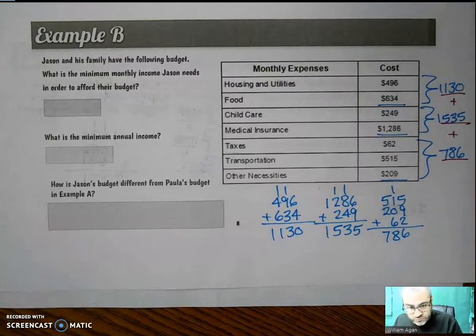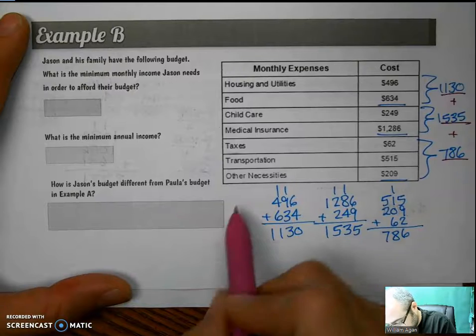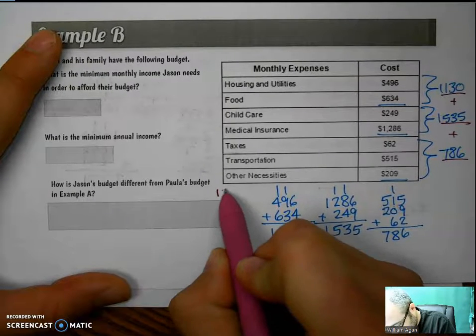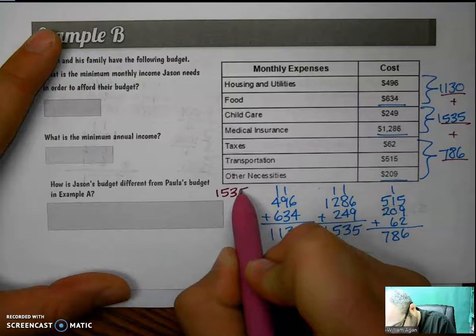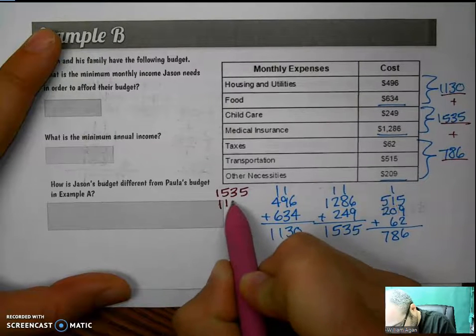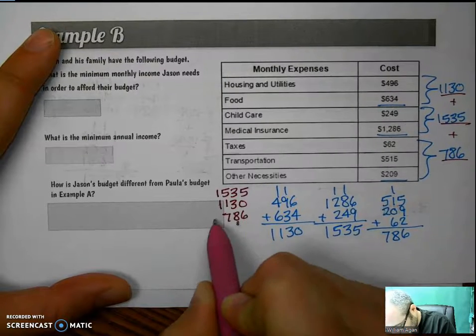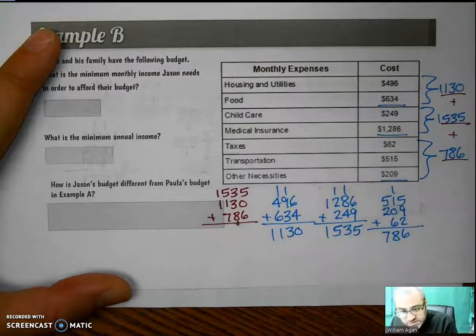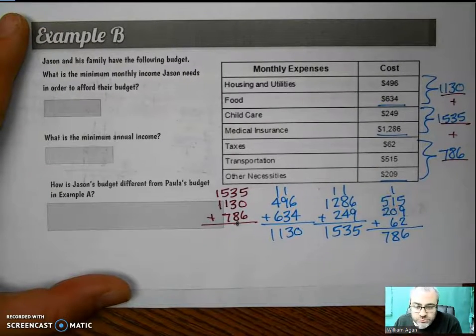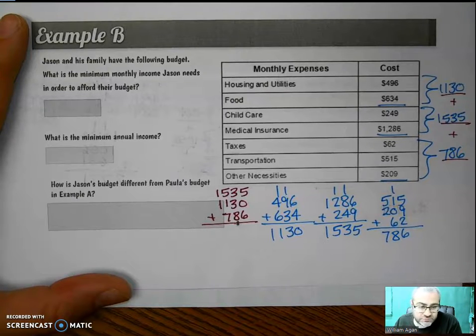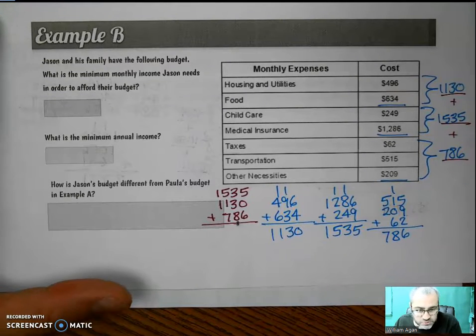Now I need to add these three numbers together. And where do I have room for that? I guess I'm going to have to do it right here. On the STAR test, use as much paper as you need. Okay, if you are out of room like this, raise your hand and ask for more paper. They are required to give you as much paper as you need.